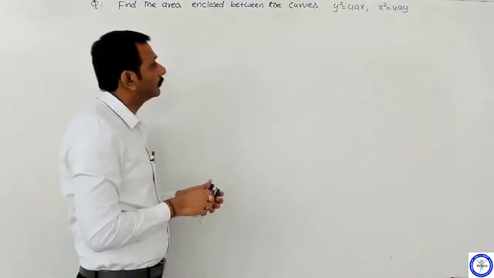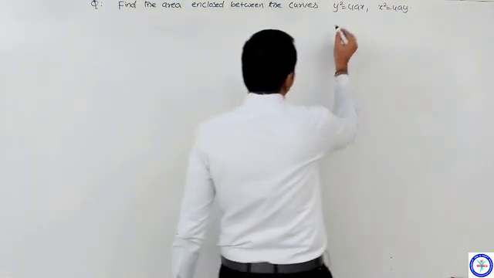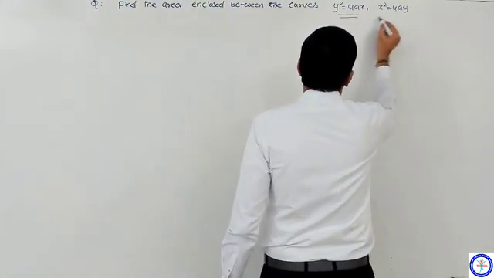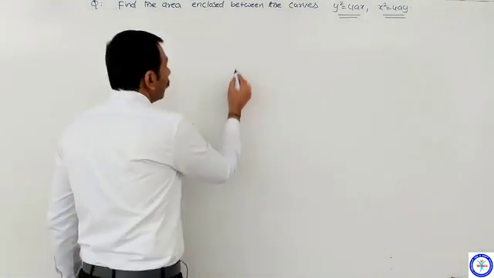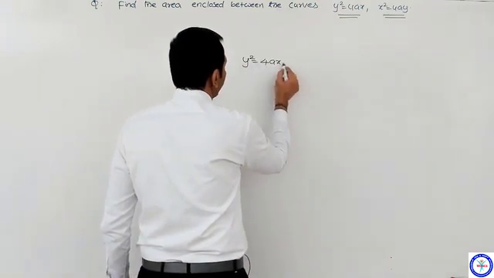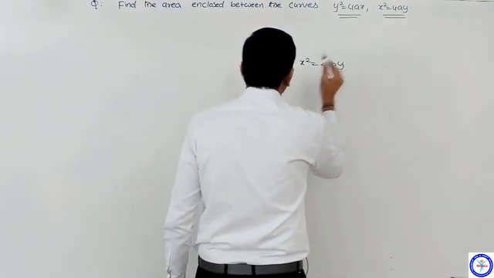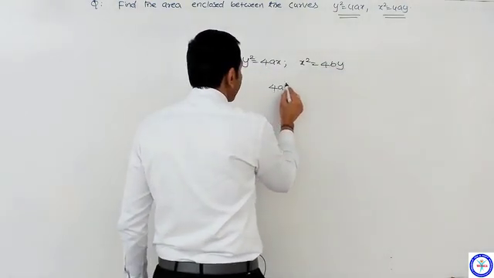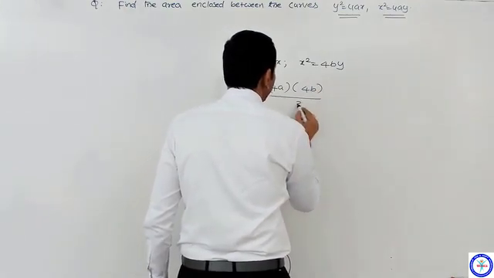Look here. Suppose the curves are given as y square equal to 4ax and x square equal to 4ay. We have seen the area between the parabolas y square equal to 4ax and x square equal to 4by as latus rectum of this into latus rectum of the second one by 3.